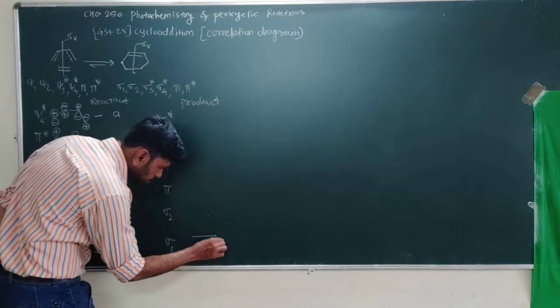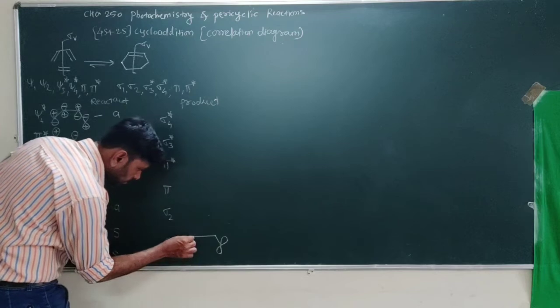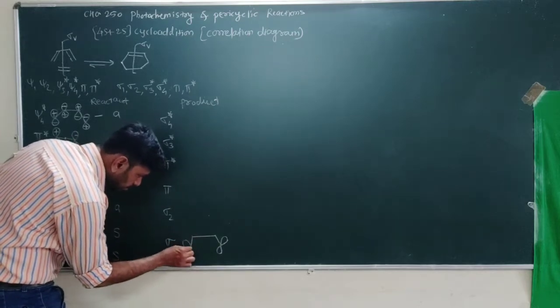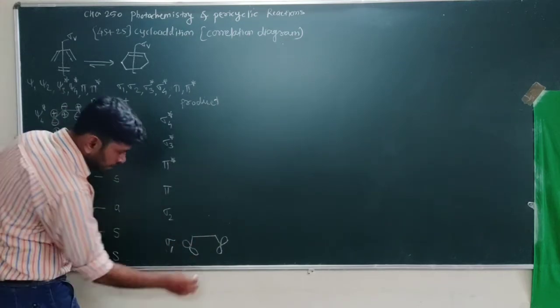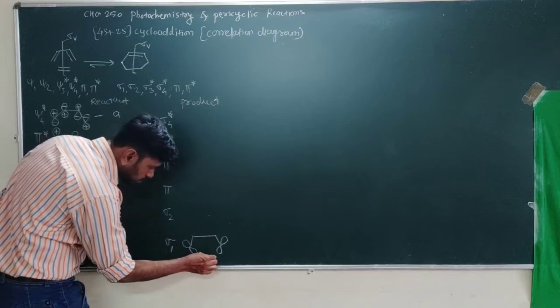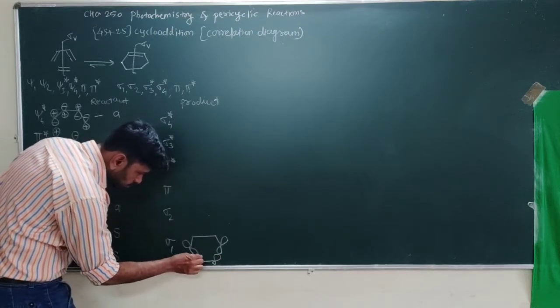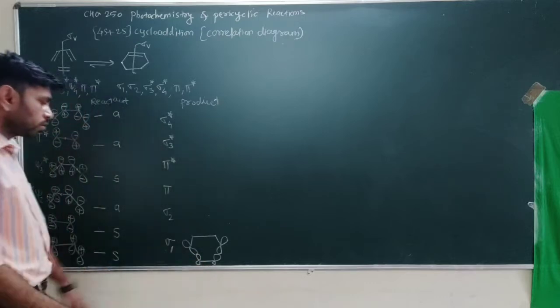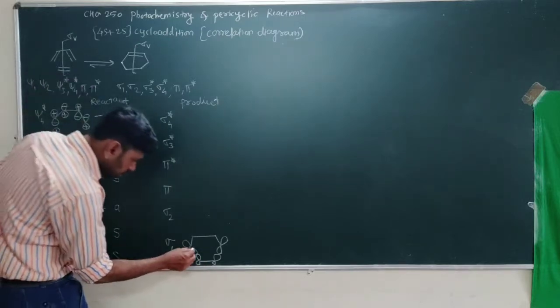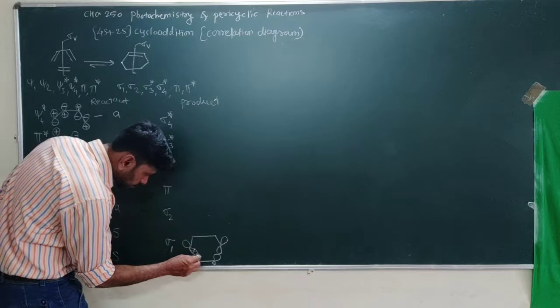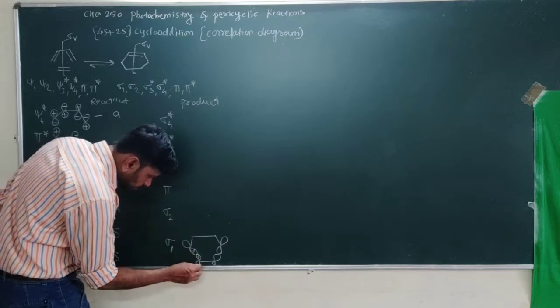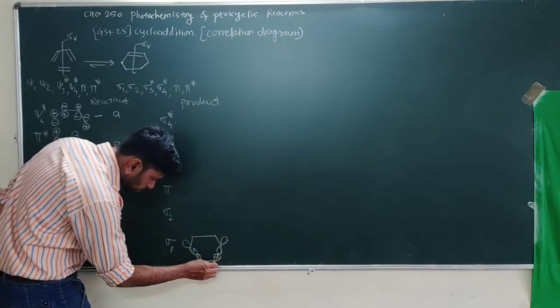We have to draw these orbitals, the 4 pi orbital and this 2 pi electron system, in which we have to show the bonding. Now this is M symmetry, plus minus plus minus.